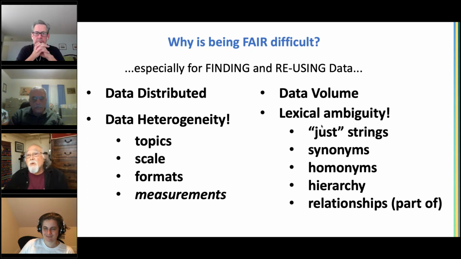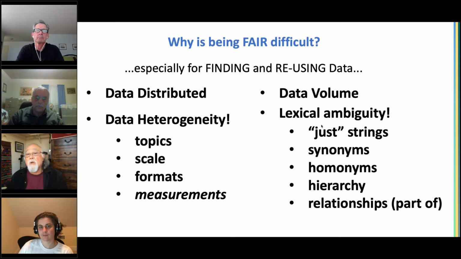I mean, when you think about it, we describe the contents of data using our preferred language. Let's say, for the most part on this call, it might be English. And so we use these words, which are just strings. They don't necessarily have a deeper meaning, they have an implied meaning. We also all know from grade school about things called synonyms and homonyms. And we know that terms also can be arranged in hierarchies.